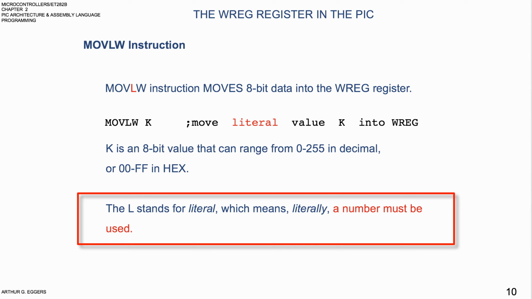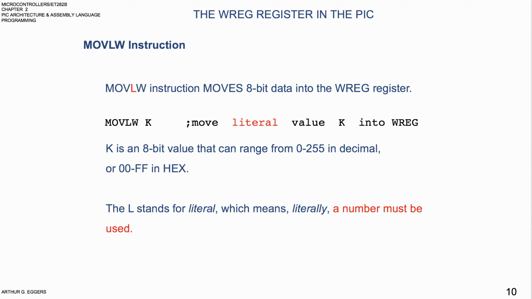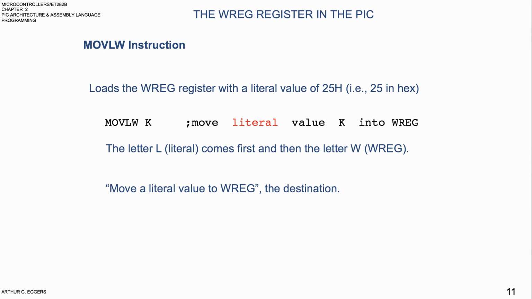This is similar to the immediate value we see in other microprocessors. Notice that in MOVLW, the letter L comes first, and then the letter W for working register comes next, which means move a literal value to the working register as the destination. The following instruction loads the working register with a literal value 25H.